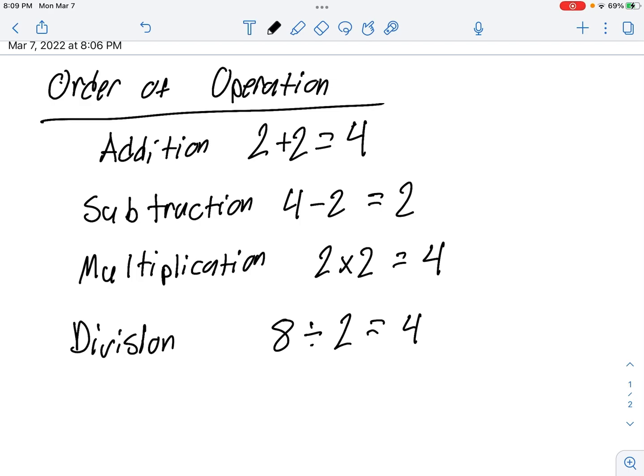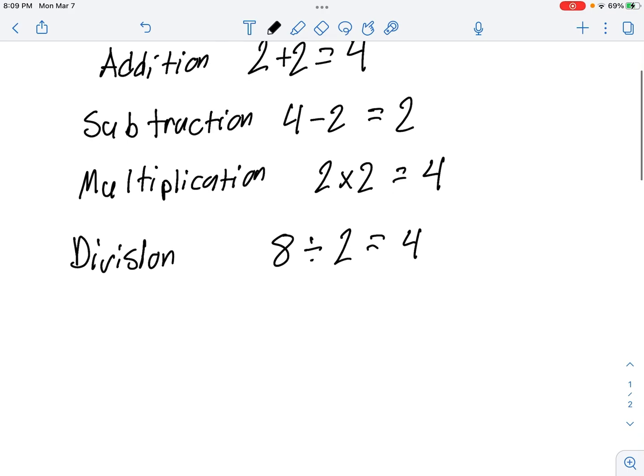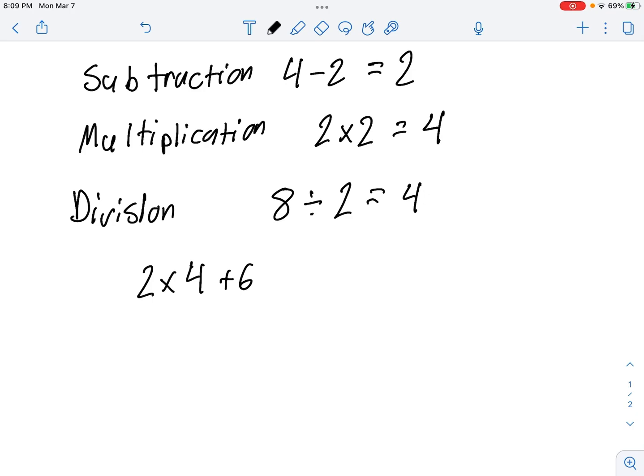The problem arises when we have equations like this, where we have 2 times 4 plus 6. In this case, what we could do is go from left to right and assume that we can get the right answer. In other cases, however, that doesn't really work. And what we need to do is something we call order of operations.